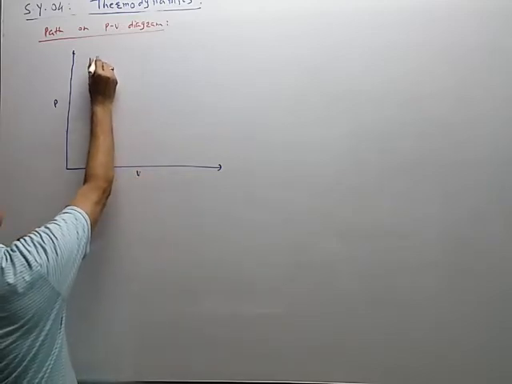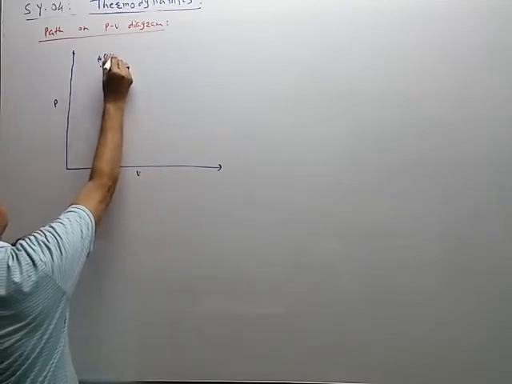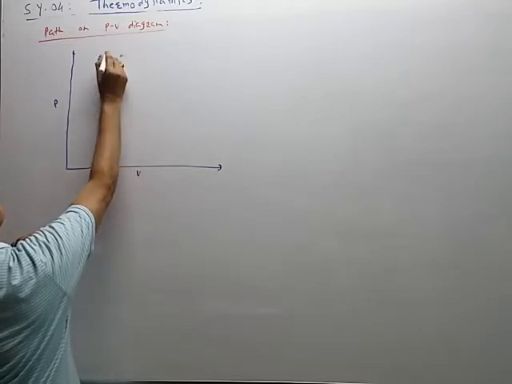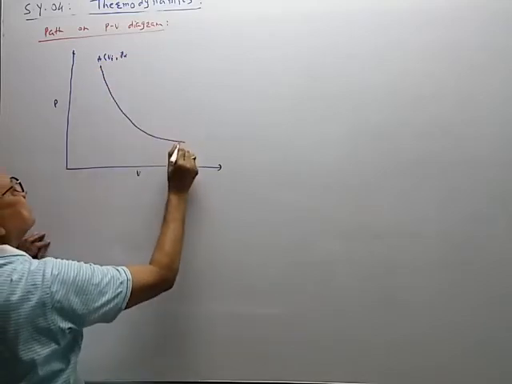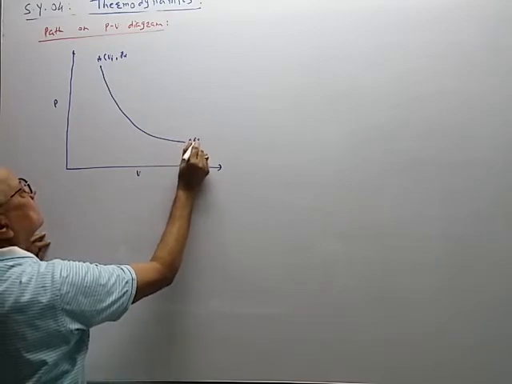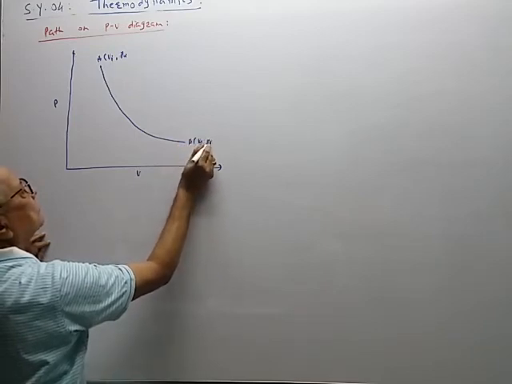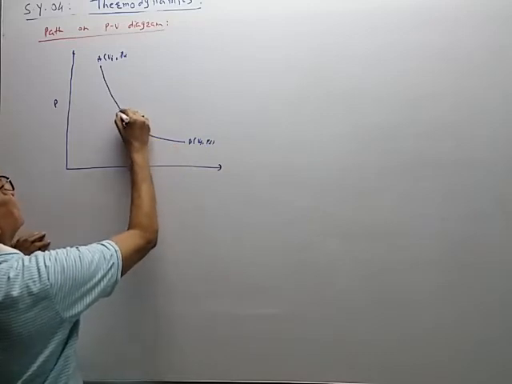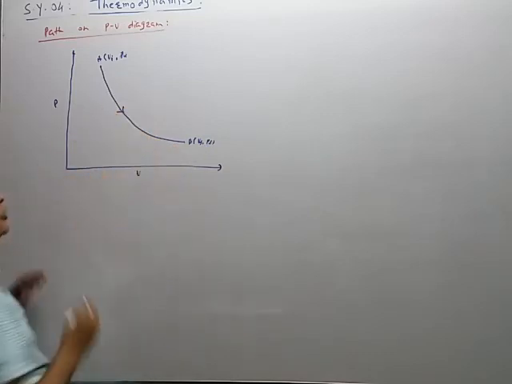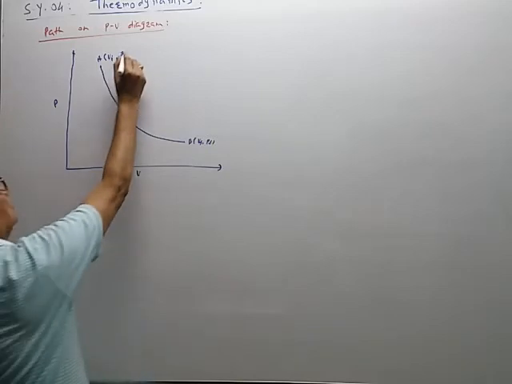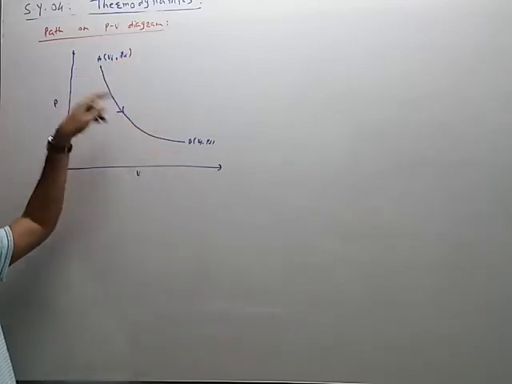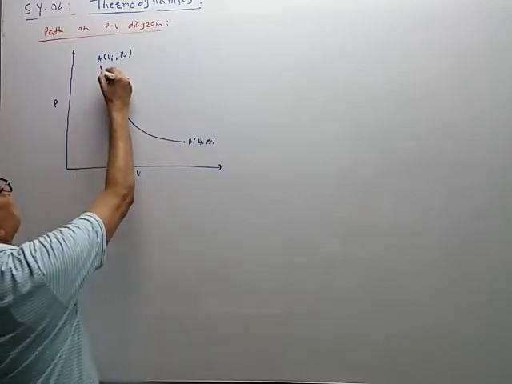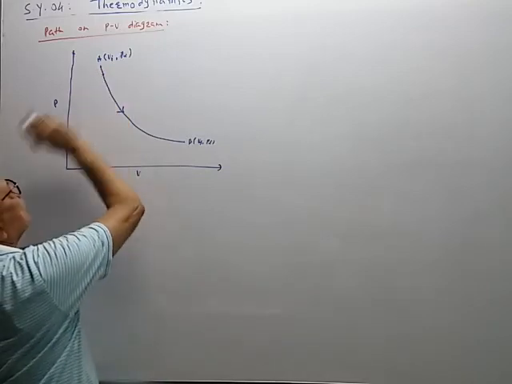A is the initial state, Vi, Pi, and B is the final state, Vf, Pf, like this, and the change takes place from A to B. In this case, the state is not changing directly from A to B, but it is going through a number of intermediate states.